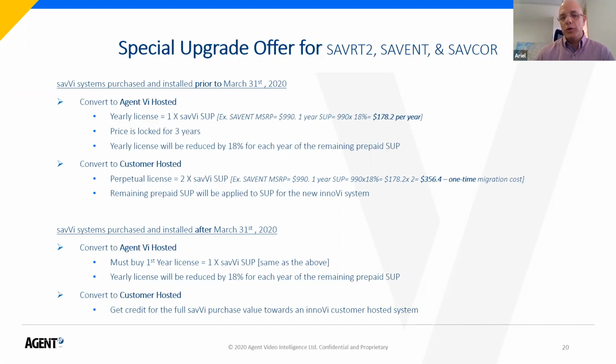So it is easier to calculate, it is easier to understand, and it is easy to incentivize customers based on actual projects. So it's slightly different. But the 18% is the same 18%. So if the MSRP is 990, but you purchased at 700, the 18% will be from the 700.